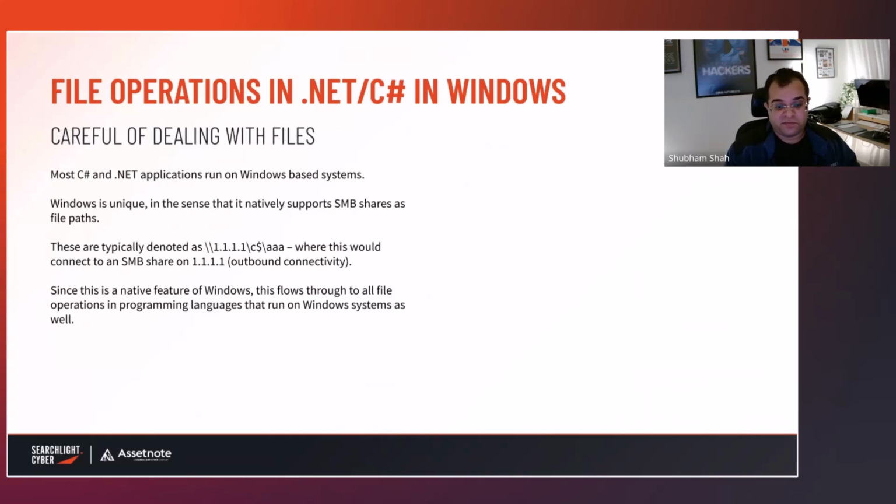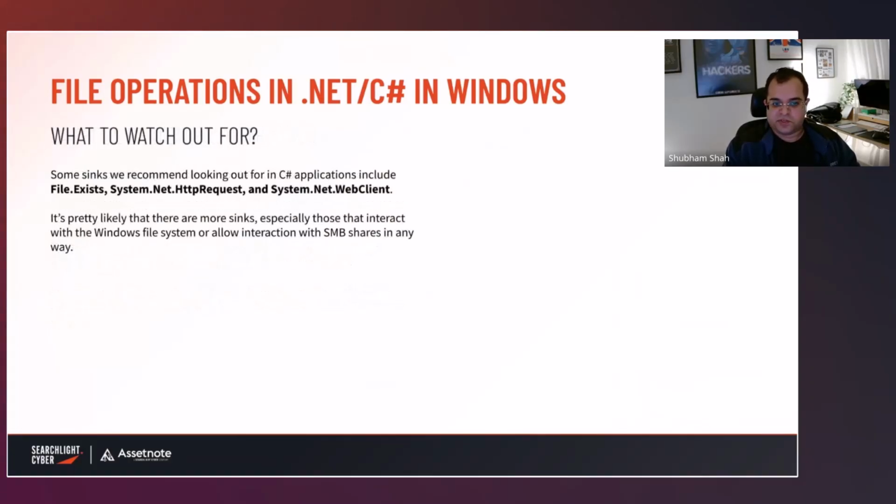This is a native feature of Windows, so this flows through all file operations and programming languages, depending on what file system APIs they're using on Windows systems. The thing to watch out for whenever auditing .NET or C# applications on Windows, some common sinks include File.Exists, System.Net.HttpRequest, and System.Net.WebClient.